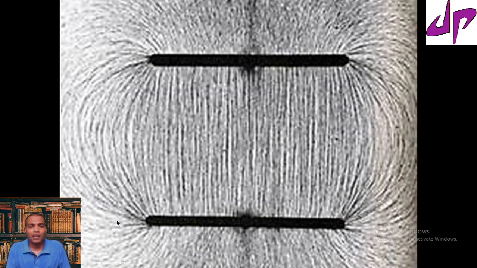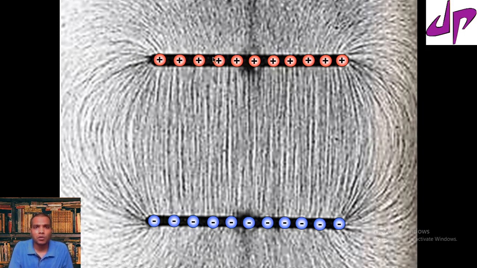So let's see another case. Suppose here you can see both are different charge plates. One is the positive charge, another one is the negative charge. This is a very important case we can discuss in the capacitors.